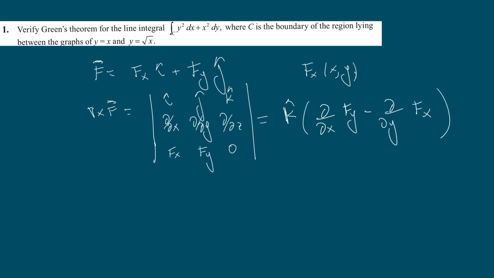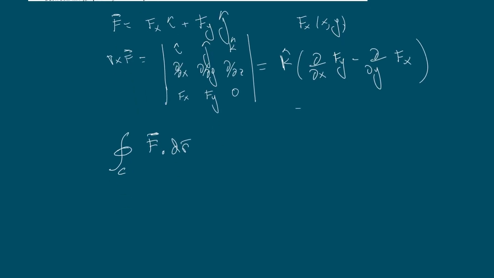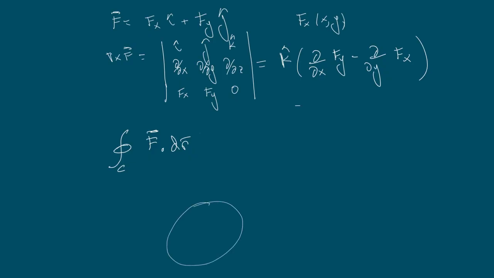So the tendency to rotate is given by the curl. And now let's say what Green's theorem says. Green's theorem relates the line integral over a closed curve C of the vector field F dot dr, the line integral of the vector field over a closed path, with a double integral.